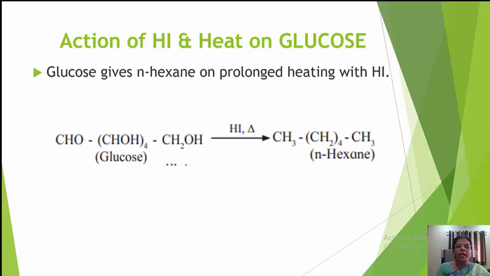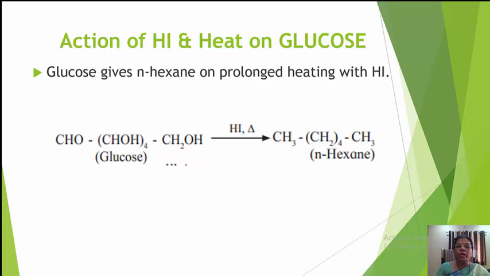Action of HI and heat on glucose, that is hydrogen iodide and heat. Glucose gives n-hexane on prolonged heating with HI, that is hydrogen iodide. Now following the structure of glucose, that is CHO, (CHOH)4, CH2OH, when it is heated in presence of HI for a long time, then formation of n-hexane takes place.